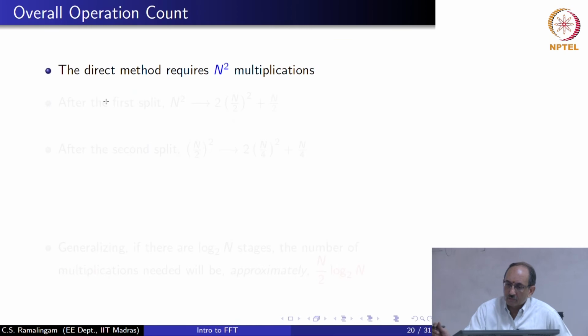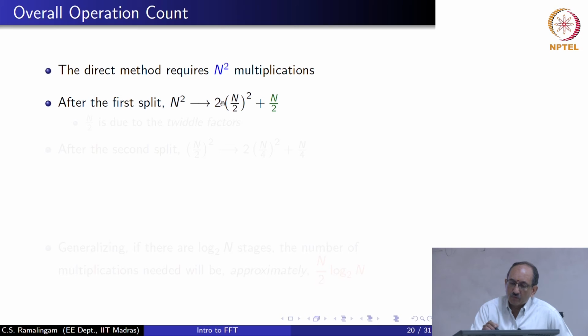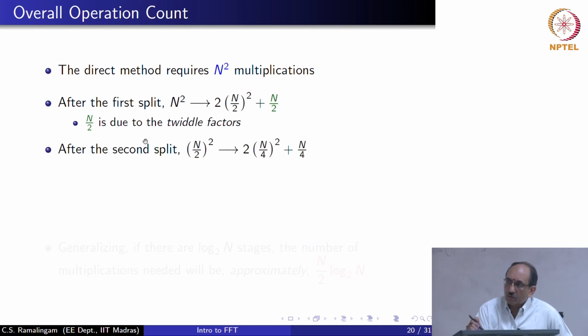So, the overall operation count: the direct DFT requires n squared multiplications. At the first split we get this; remember we were sure of this before, the overhead was n by 2. So, the n by 2 is due to the twiddle factors. Now, you take each of these halves and further divide them, right.